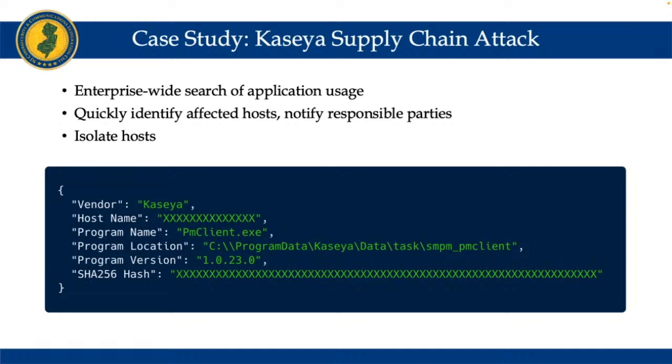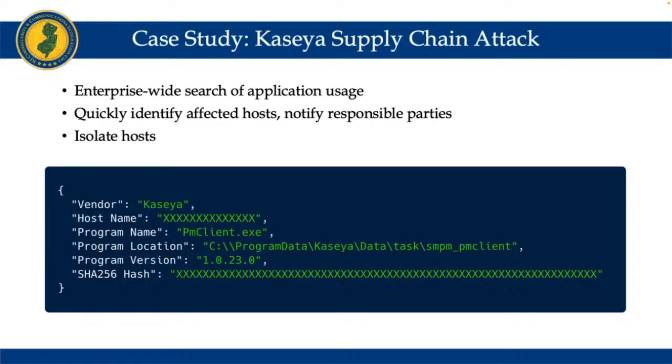We have another example here of how we've used application inventories to help secure the state. So when the KC supply chain attack was announced, we essentially were able to do a search across the entire enterprise to understand where we were using any KC applications.